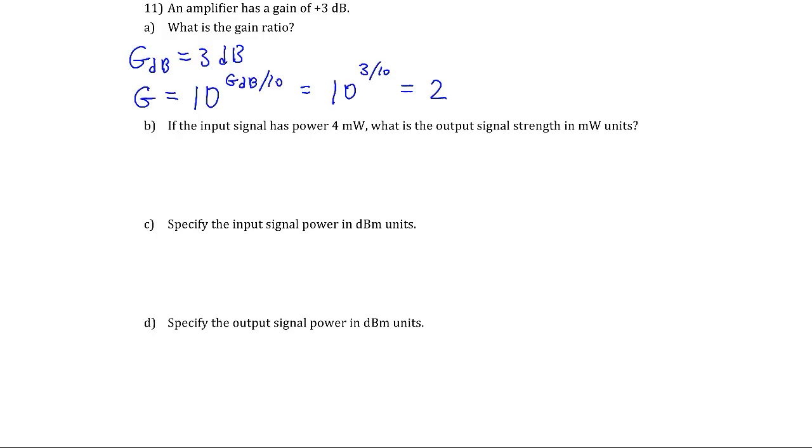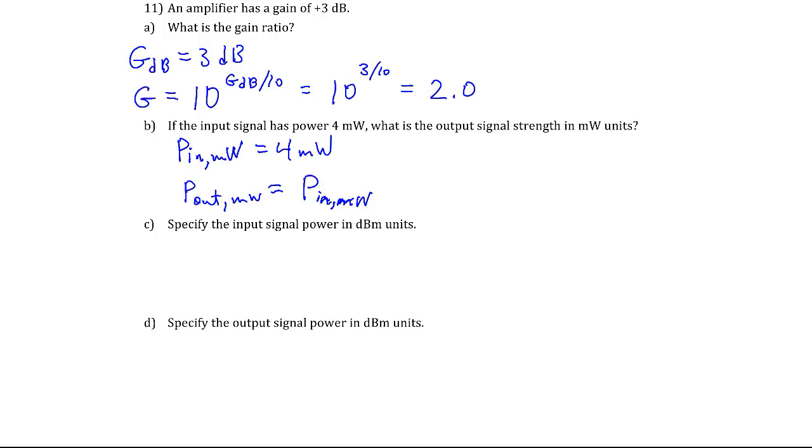10 to the 0.3, I'll do it on my calculator. Yeah, 1.995. I'm going to call it 2.0. Okay? And so now, if the input signal power is given as 4 milliwatts, P in milliwatts is 4 milliwatts, then the output power in milliwatts is going to be the input power in milliwatts times the gain as a ratio.